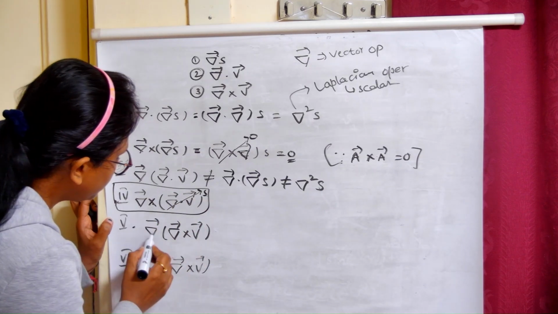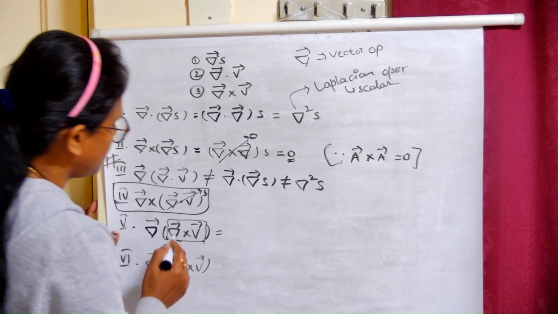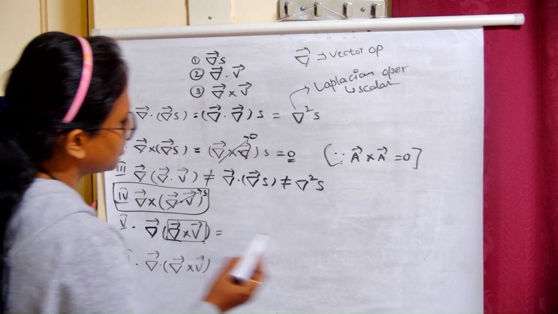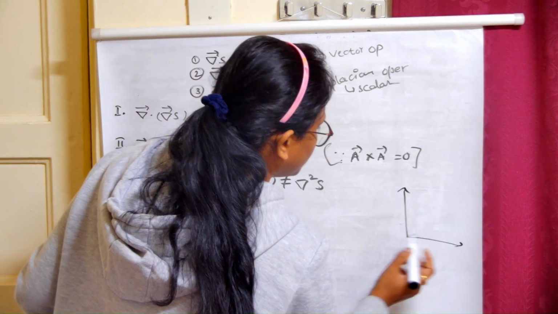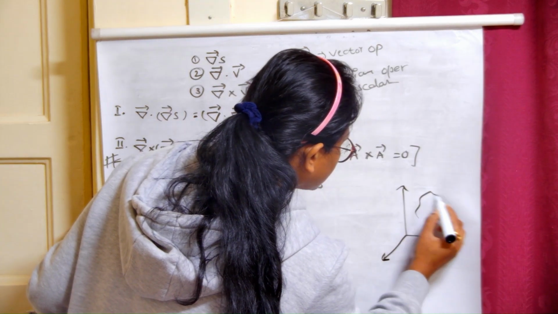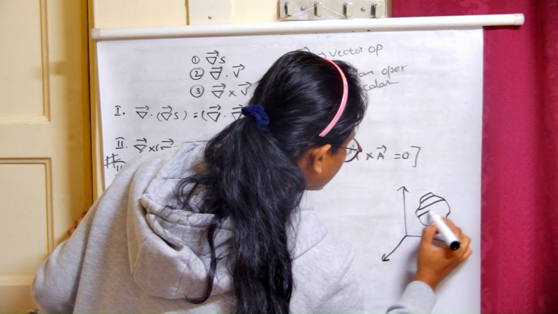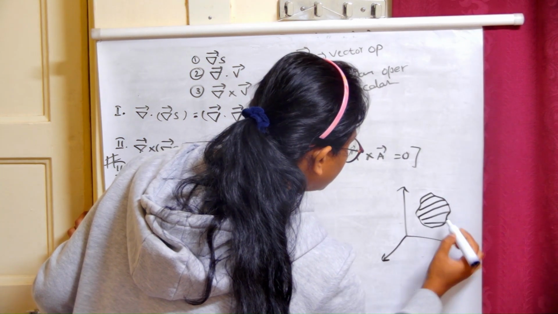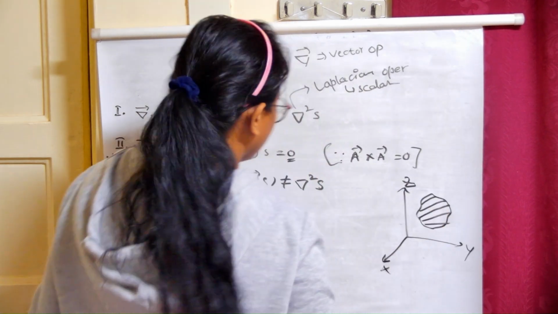Next combination, gradient of curl of a vector. If we have a vectoral field in 3-dimensional space, say for example like this, the contour lines will be in YZ frame.